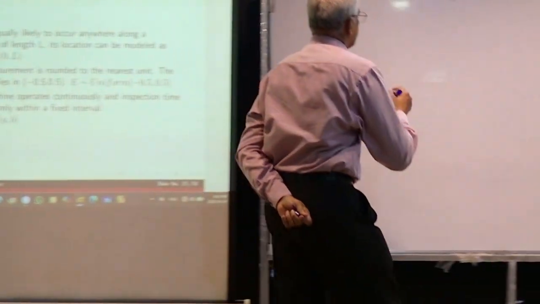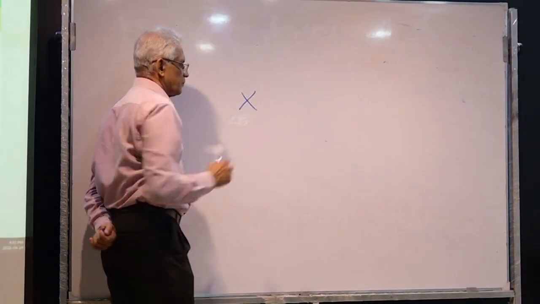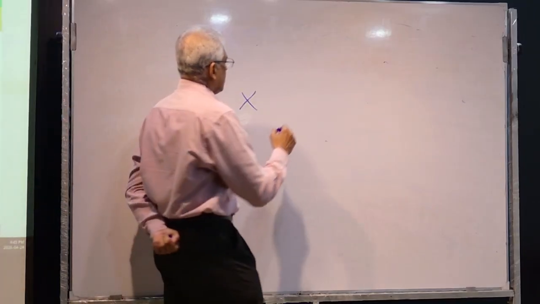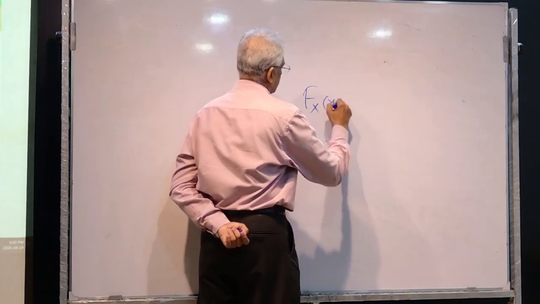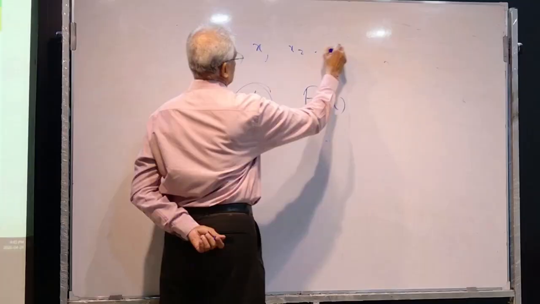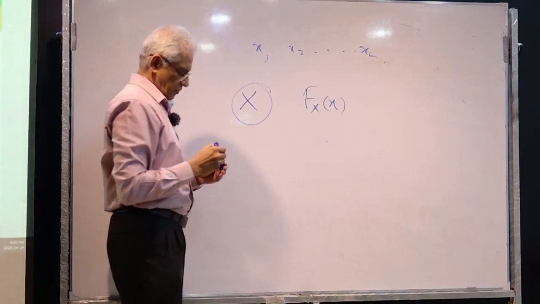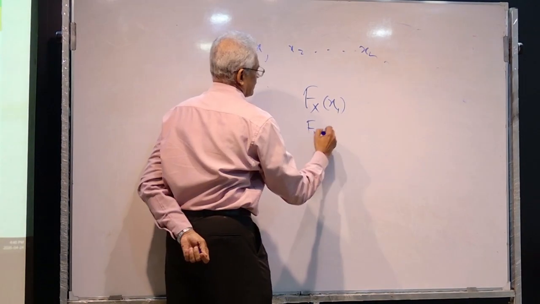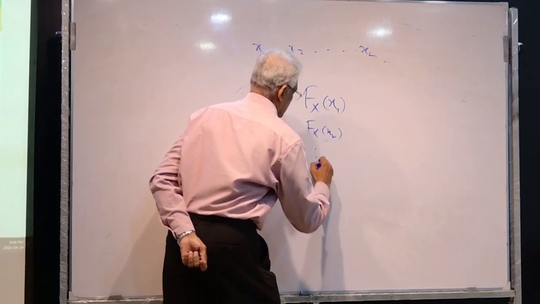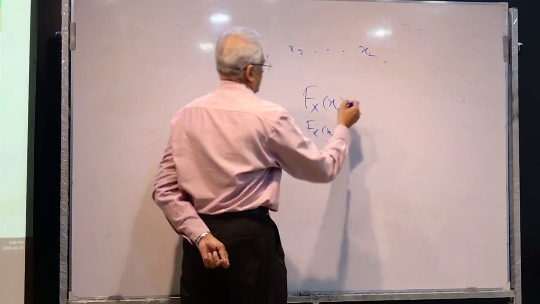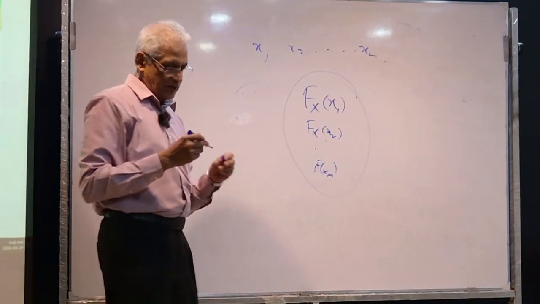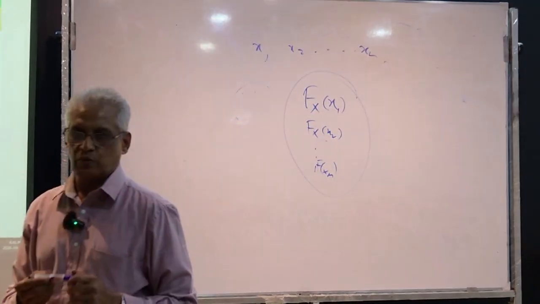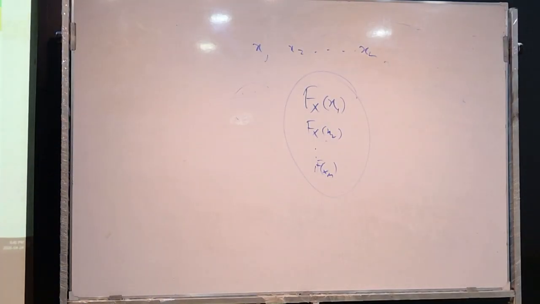If you consider any continuous random variable x, and we have some data x1, x2 and so on up to xn, then F(x1), F(x2) and so on F(xn), these values will have a uniform distribution, right? So that's a theoretical thing that we will need later on, right?